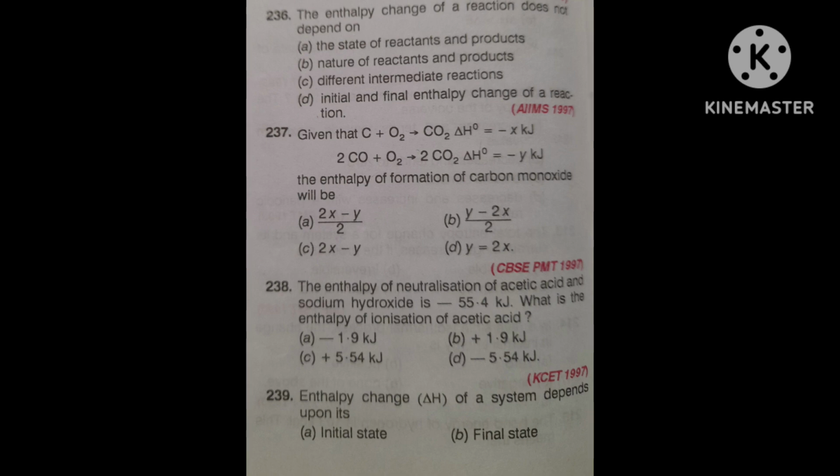You have to tell the enthalpy of formation of carbon monoxide, CO. The reactions given are C plus O2 giving CO2 with standard delta H minus x kilojoule, and second, 2CO plus O2 giving 2CO2 with delta H minus y kilojoule.